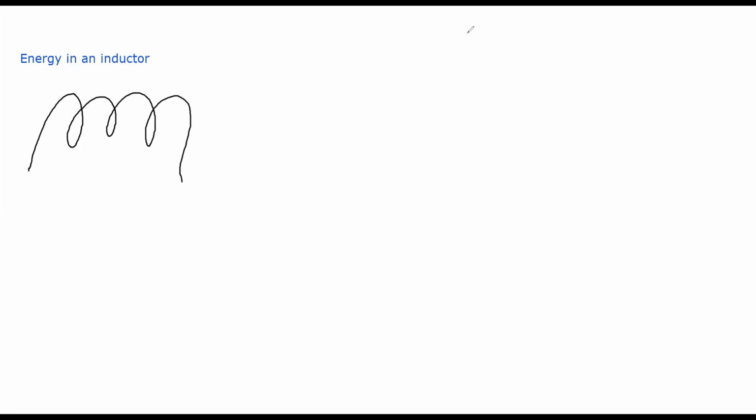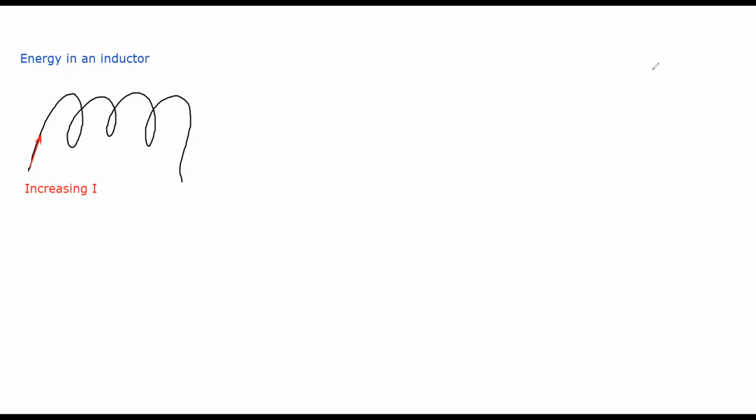There's our inductor, and let's look at the same picture that we had earlier. So we have current here going up. We could say current is increasing. Okay, what about energy? Let's start with power, actually. So let's look at power.